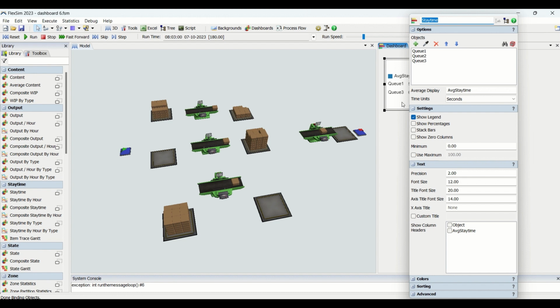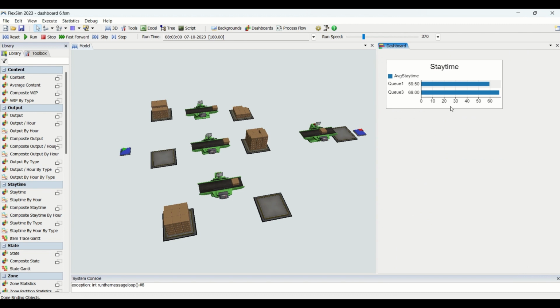This is what the basic stay time graph gives us. In the time units you have milliseconds, minutes, hours and days, and it will give us a graph in terms of those units. So this is about the stay time graphs which we are going to use for understanding the buffer strategies.